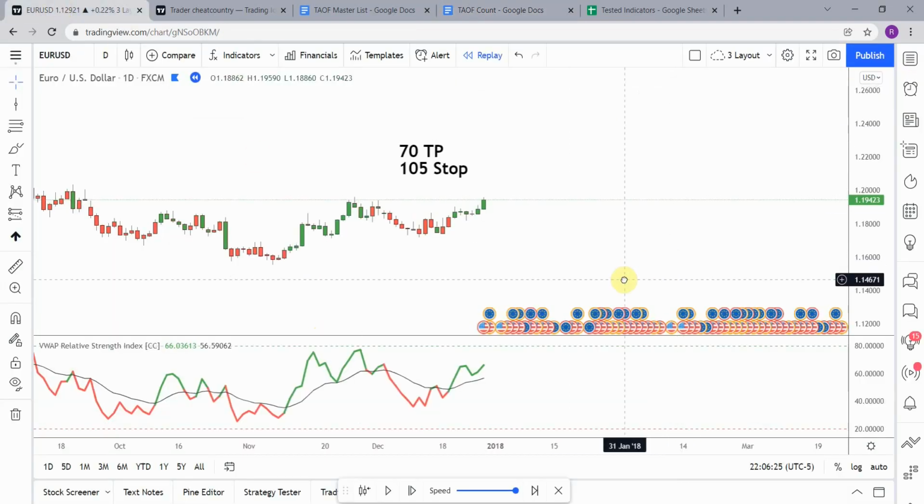Alright, so today's indicator is the VWAP Relative Strength Index, and you can see it here on the bottom of the screen. I did go in and make the red and green line just a little bit thicker and easier to see. And this is a Cheat Country indicator. That is the creator, Cheat Country.